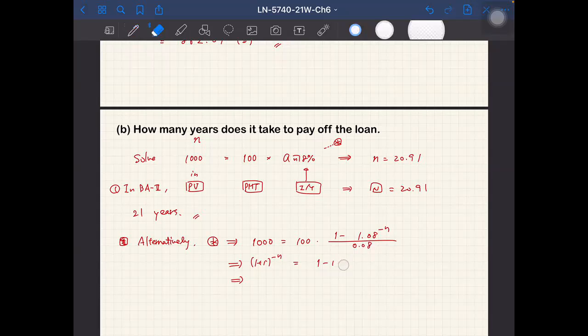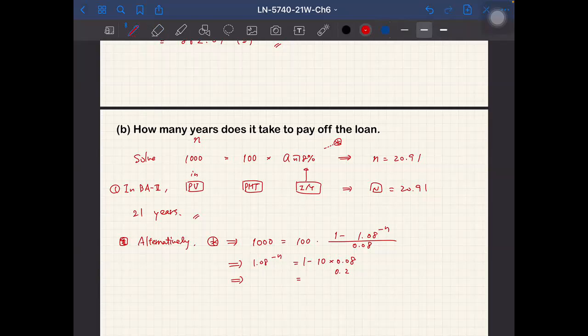So that means 10 times i, so 10 times 0.08, which is 0.8, then 1 minus this is 0.2. And 1 plus i is 1.08.